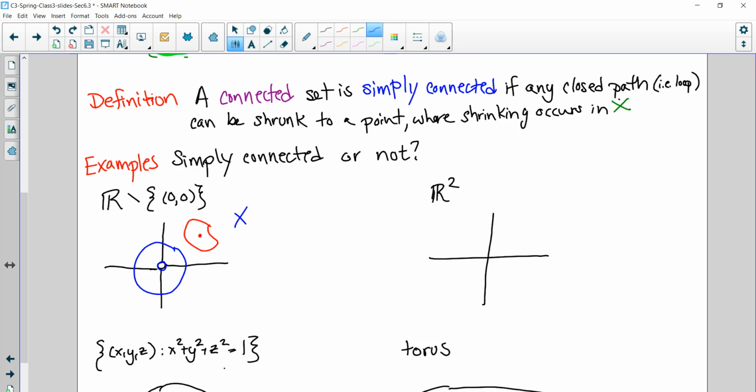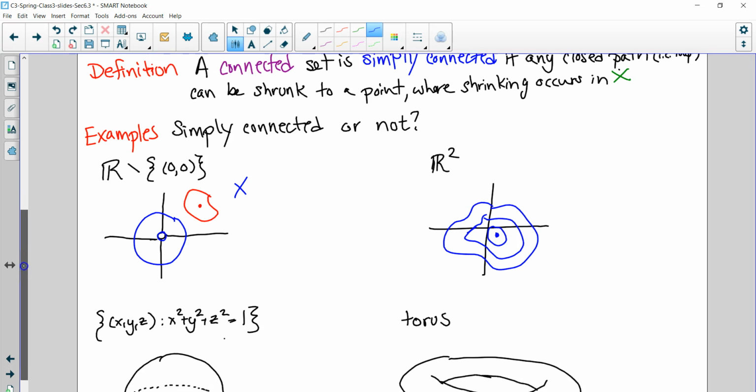But if we do have the origin, we can take a weird wonky shape, and as long as it's closed, I can compress it to a single point by shrinking it and shrinking it, and eventually it goes just to the point.